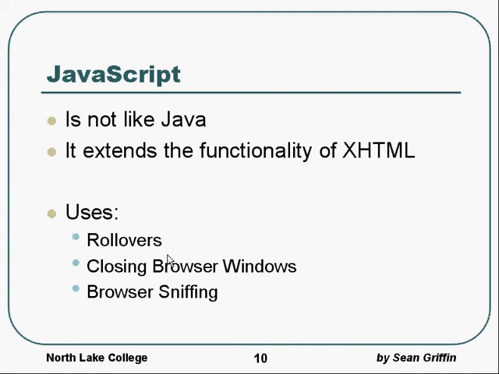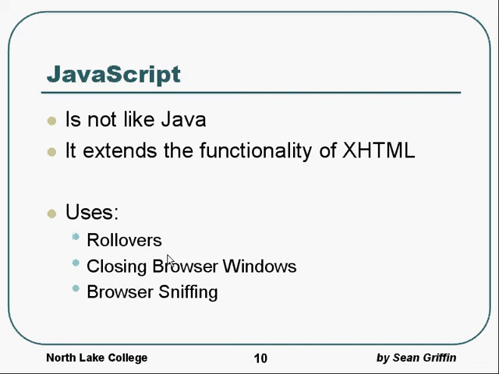Like I said before, HTML did nothing but allow you to link to other pages with hypertext links, but with JavaScript you can add interactivity such as rollovers, closing browser windows, and something called browser sniffing. That's when you look at somebody's browser when they open a page, and you have a JavaScript that asks, hey, what browser is this?